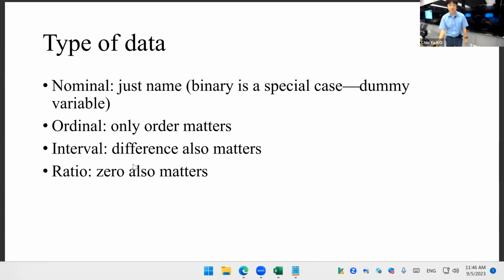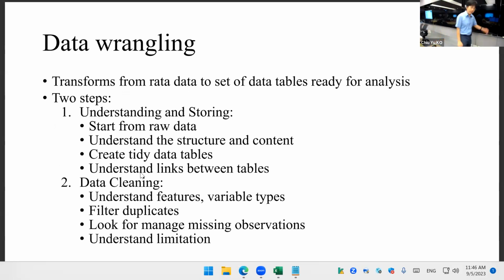Okay. And this topic, chapter 2, is about data wrangling. And basically, it consists of 2 different steps. The first step is you have to understand the data and store it in an appropriate way. Okay, the storage is important.